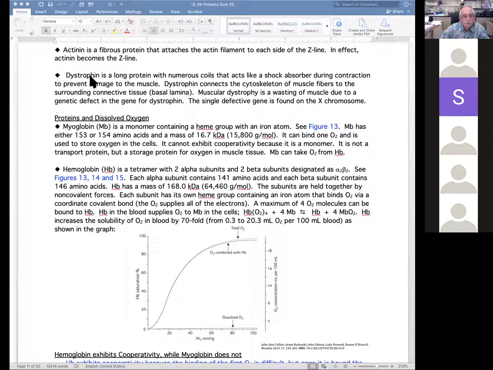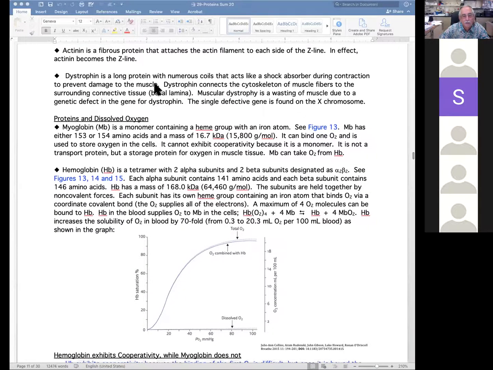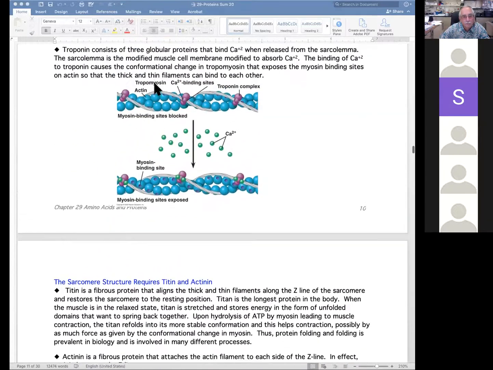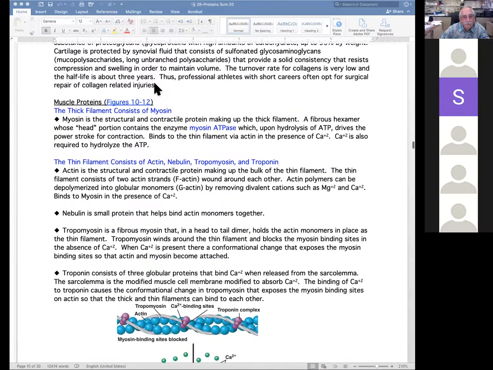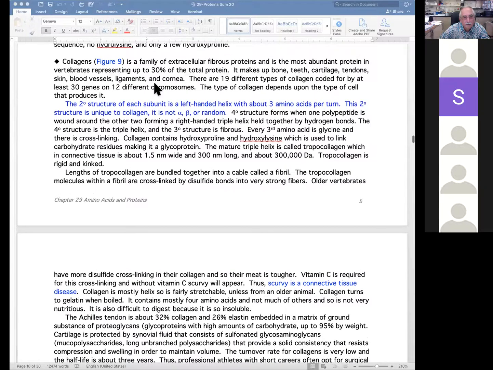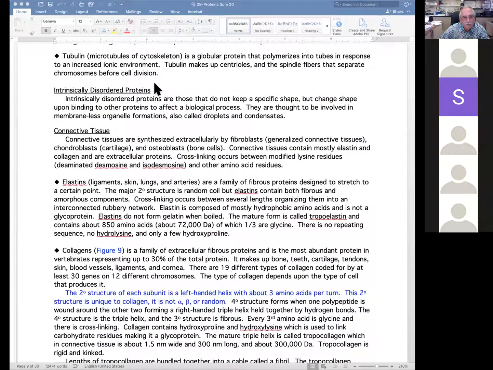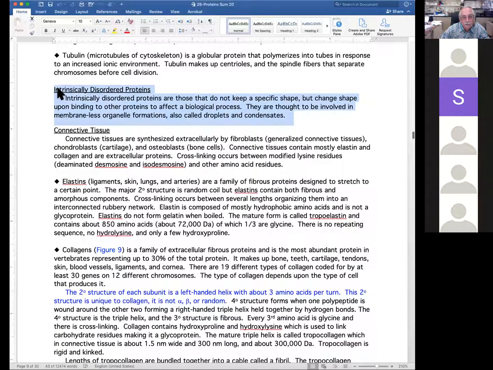So dystrophin is a long protein with numerous coils that act like a shock absorber during contraction. This makes you think that I probably should put this part right here next to that. I don't know. That was the whole idea of me putting that there. It's a new concept. It's only been around for a few years.